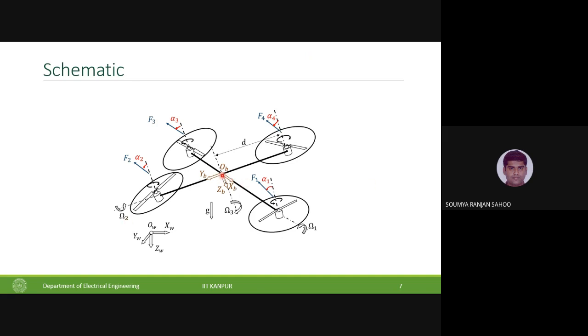We consider the center frame, which is the body axis, and the world frame or fixed axis, and then we have frames that are associated with each rotor. The angles you see, alpha 1, alpha 2, alpha 3, alpha 4, tell you by how much the rotor plane has tilted, and depending on that your force vectors make an angle with respect to the body frame associated with the quad rotor.